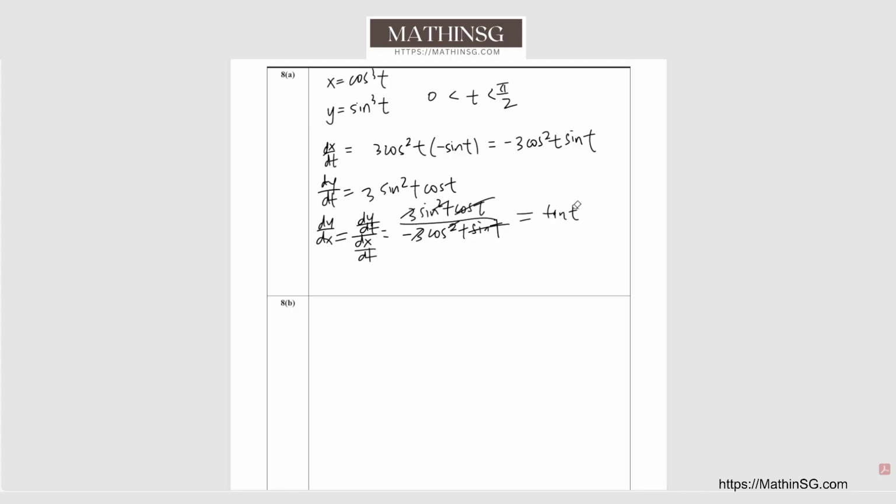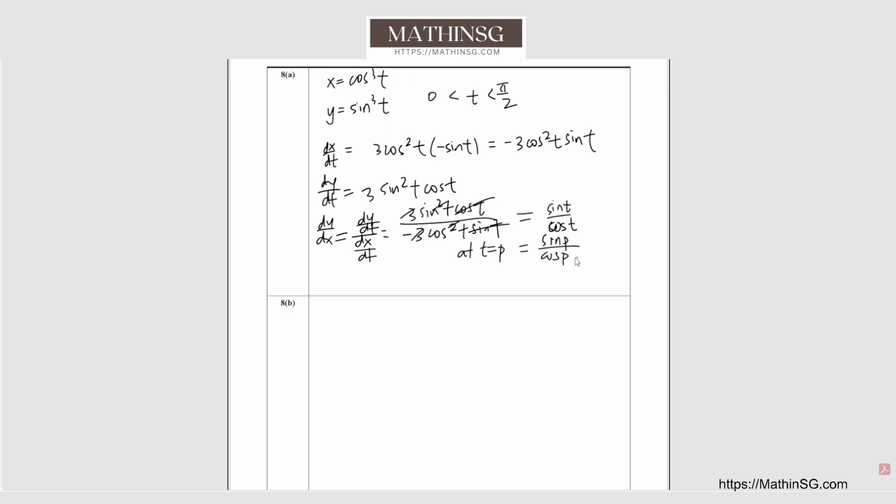Let me just write it as sine over cosine for now, because maybe later I need to cancel cos t. Okay, at t equals p, it equals sine p over cos p.